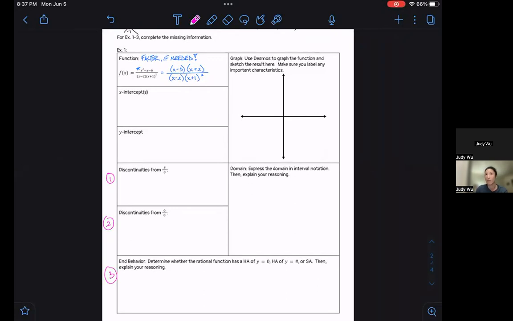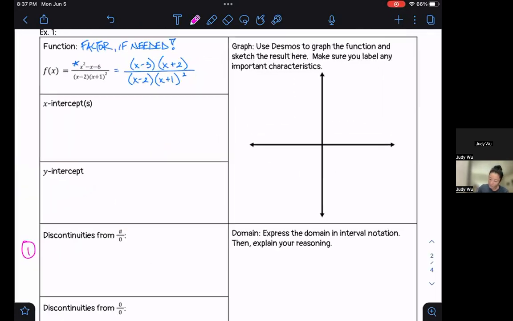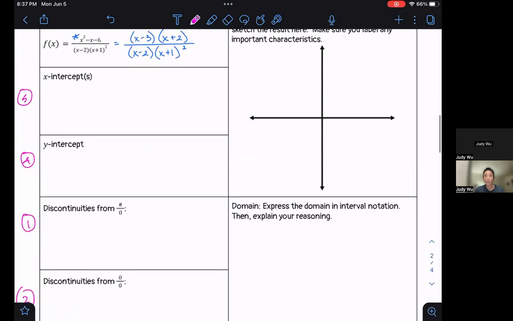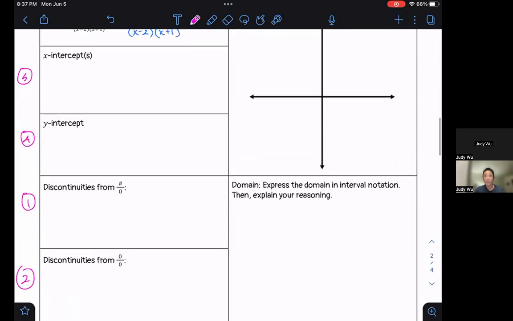So we want to make sure while our brains are a little bit more fresh that we really understand the stuff we just learned. Then we're going to go back and find our y-intercept, and our x-intercept. And after we've found all of those, we're going to fill in our domain. And last but not least, we're going to put most of the important features on the graph, all right?